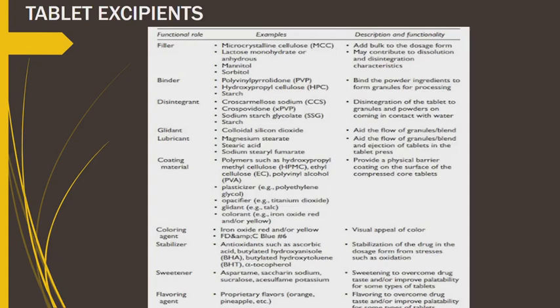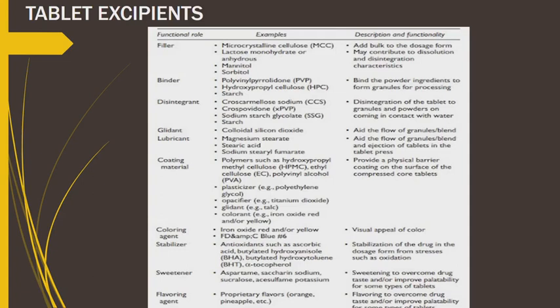Next is coloring agent. The most common coloring agents are iron oxide red or yellow, FD&C blue. The function of coloring agent is to give a visual appeal of color to the tablets. Next is stabilizer.